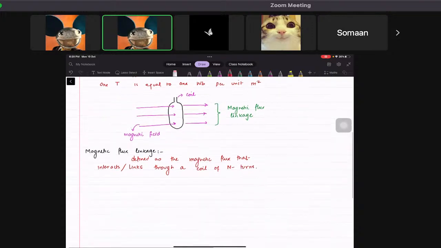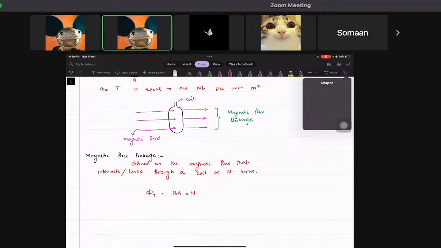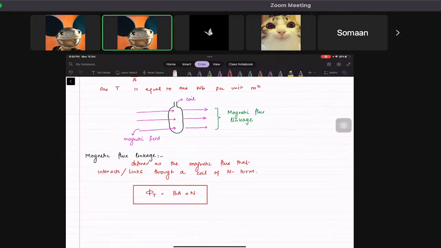Usually the symbol we use is flux total equals BAN. Some people just say BAN, but that's fine. In this formula, this part is the magnetic flux, and this is the number of turns.